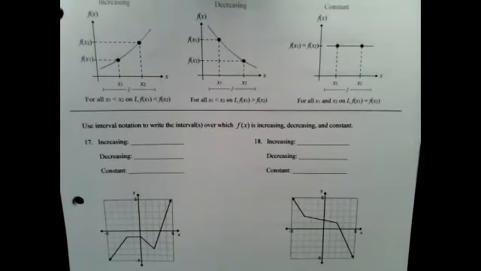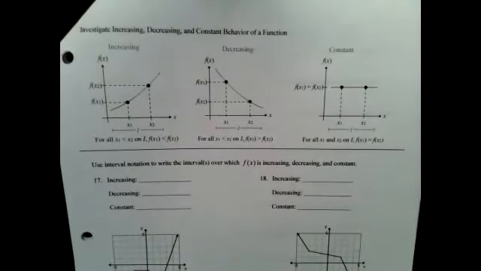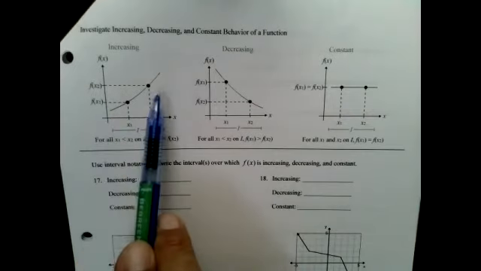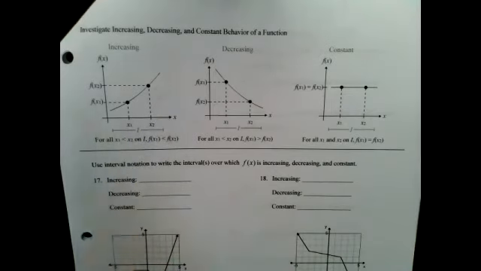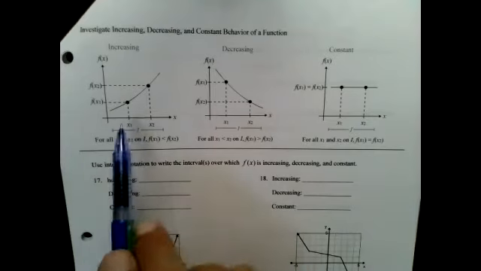Continuing with functions, we want to be able to keep talking the talk. I think those three are kind of self-explanatory. What's really neat is you're starting to get into calculus talk. When you look at these, every f of x2, where x2 is greater than x1, is increasing.